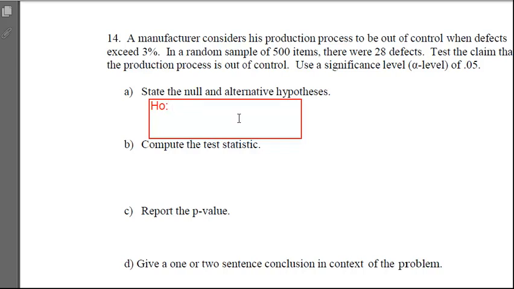Remember, p is for proportion. In this case, we want to figure out the proportion of defects. And so the parameter is going to be p. And we're comparing the data to the value of 0.03 because that indicates that the process is out of control. And so the alternative would be that p is greater than 0.03, because the claim is that the production process is out of control. That would mean that the proportion is greater than 0.03.